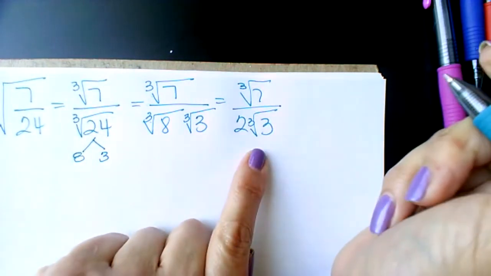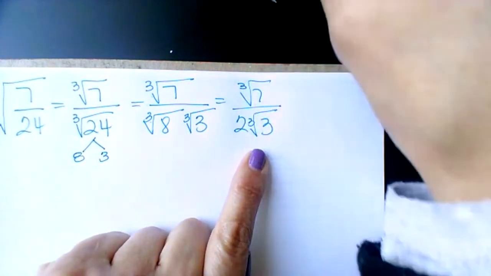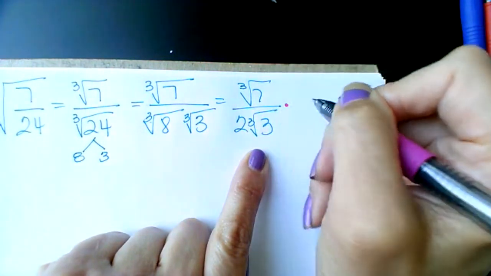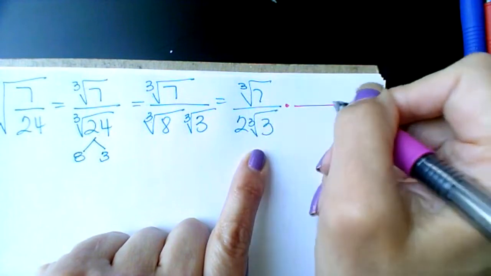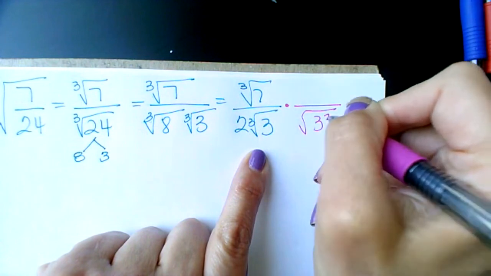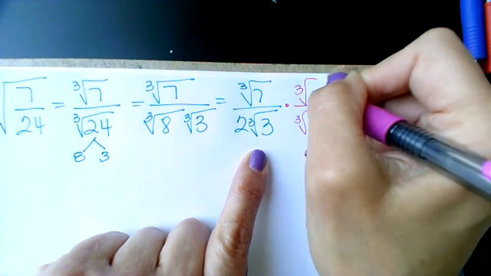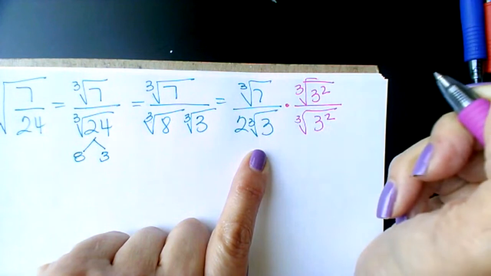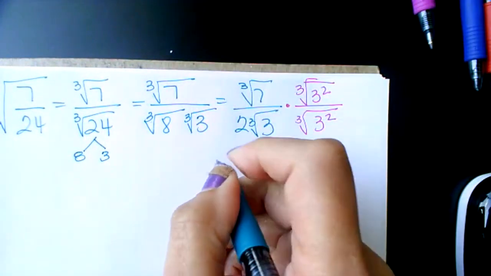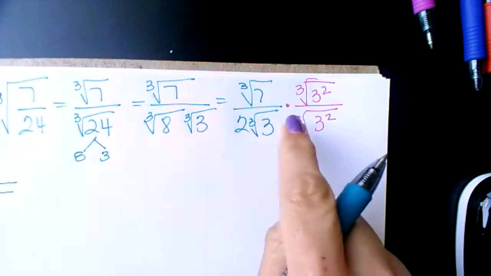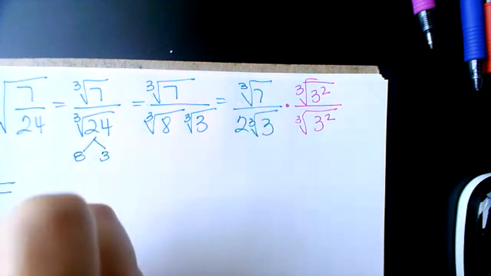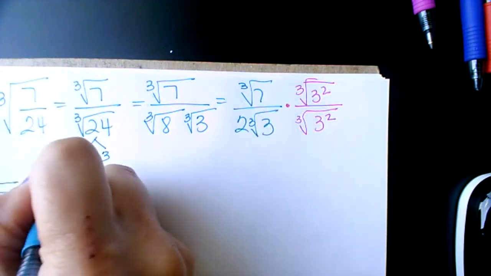Now I'm going to rationalize the denominator. By what? Multiplying by... how do I make this one a perfect cube? Multiply by 3 to the 2nd power. And what do I get when I do that? This is going to be 9. 9 times 7, 63.